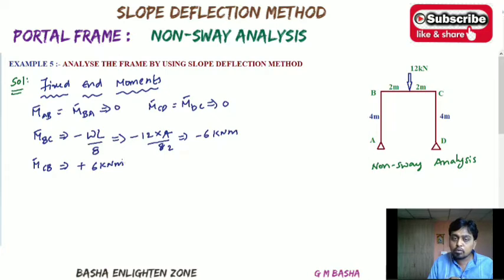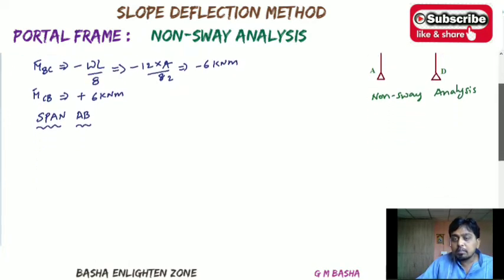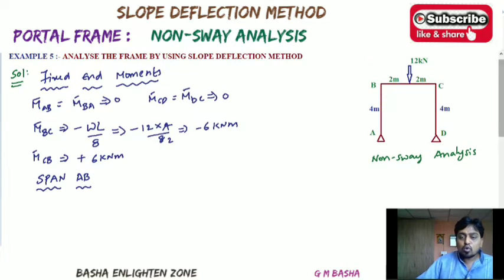After finding the fixed moments, immediately calculate the slope deflection final moment based on the slope deflection equation. So for span AB, we are starting again with span AB. I already told you, I will show you the difference of the formulas for the fixed end conditions and the simply supported end conditions. So what is the general slope deflection equation?